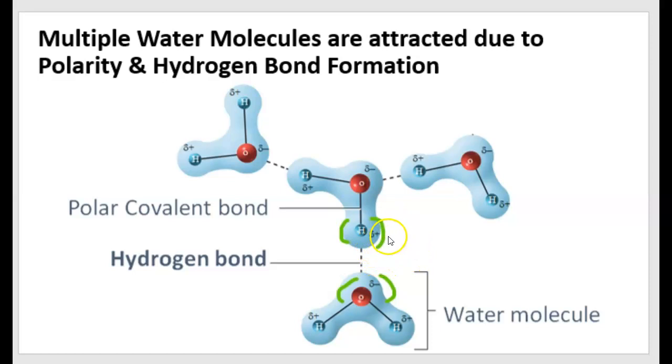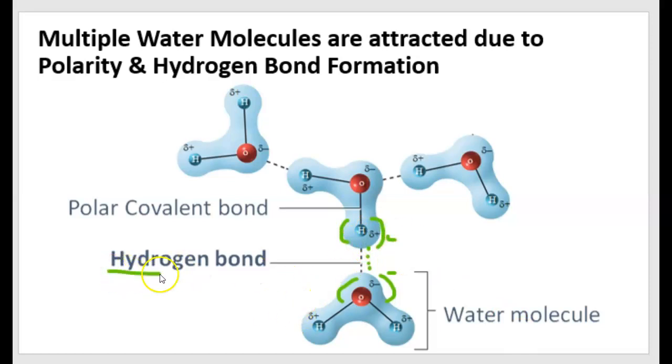So these partial positive and negative charges attract one another and form what's called a hydrogen bond. So to really understand hydrogen bonding, you need to look closely at the diagram and notice that the red oxygen of one water molecule is attracted to the blue hydrogen on a different water molecule.